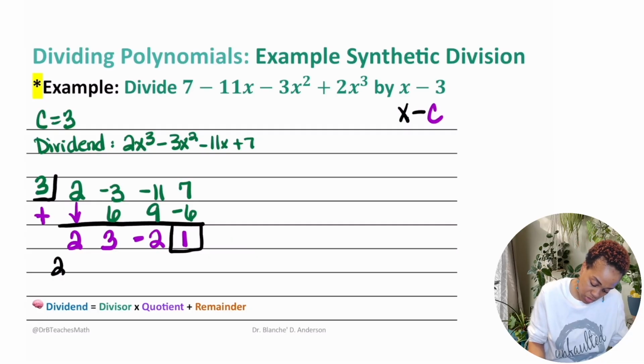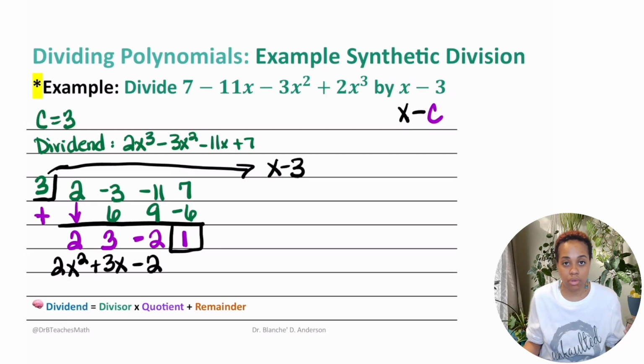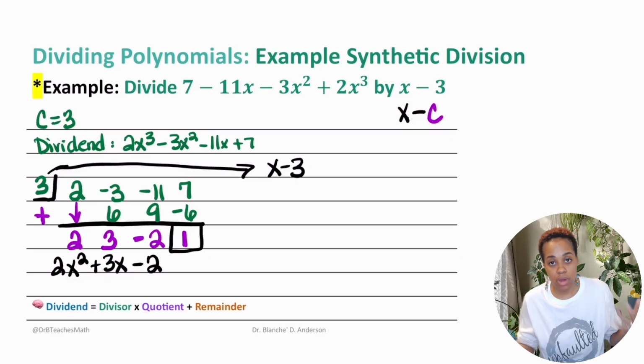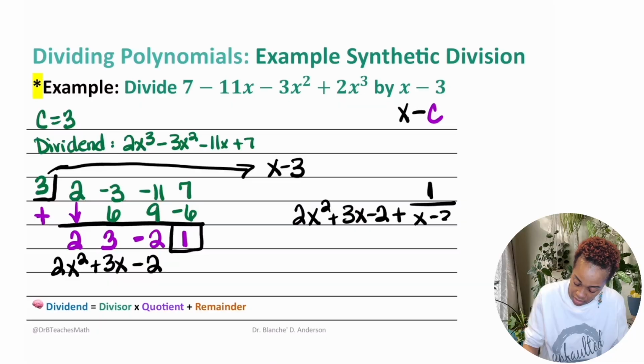This is going to be 2x squared plus 3x minus 2, right? And we already know this is x minus 3 because that's what we started with, and then this is our remainder. So when you write your answer, it's quotient plus remainder over divisor. So 2x squared plus 3x minus 2 plus my remainder of 1 over my divisor, x minus 3.